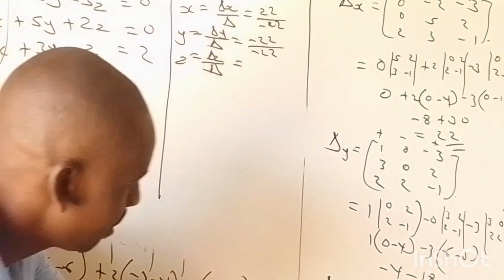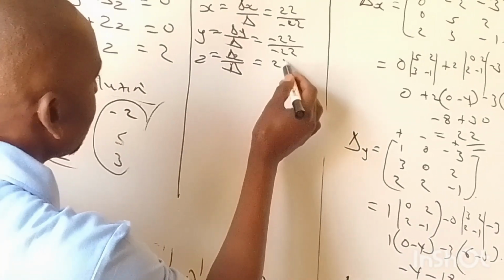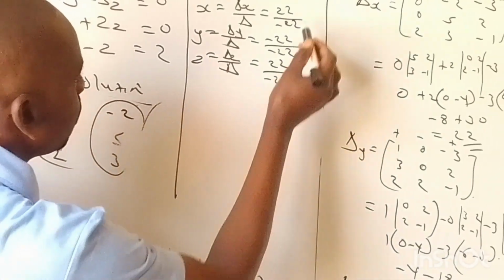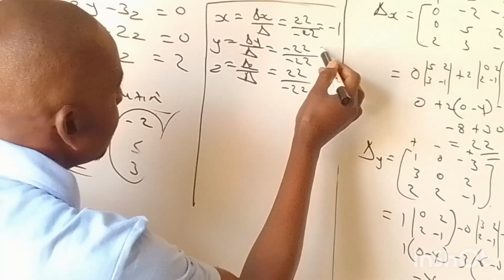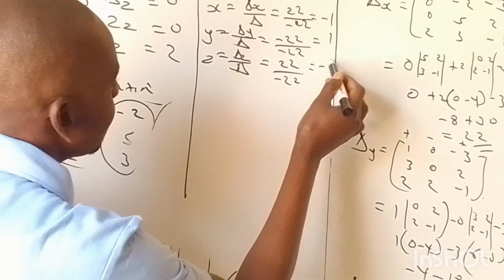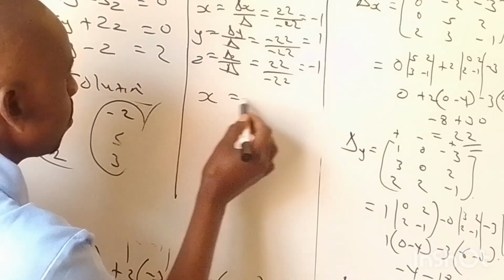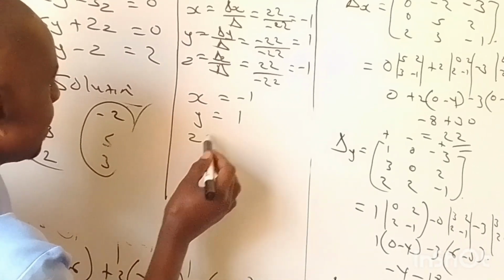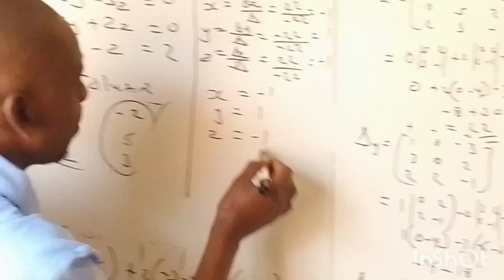Then Z, the determinant of Z, which is 22, divided by the determinant, which is negative 22. So this one gives us negative 1, this gives us 1, and this gives us negative 1. So X is equal to negative 1, Y is equal to 1, and Z is equal to negative 1.